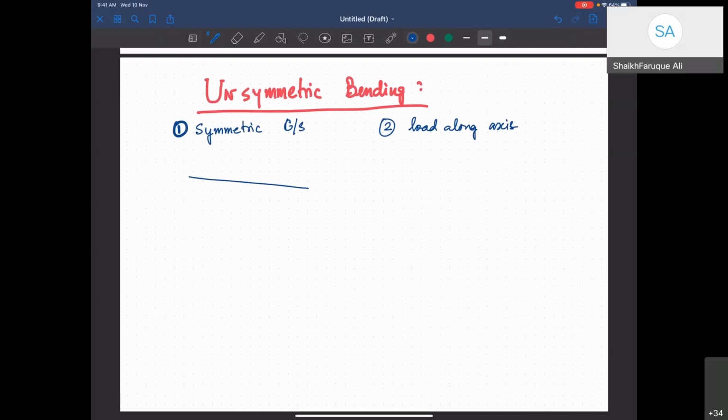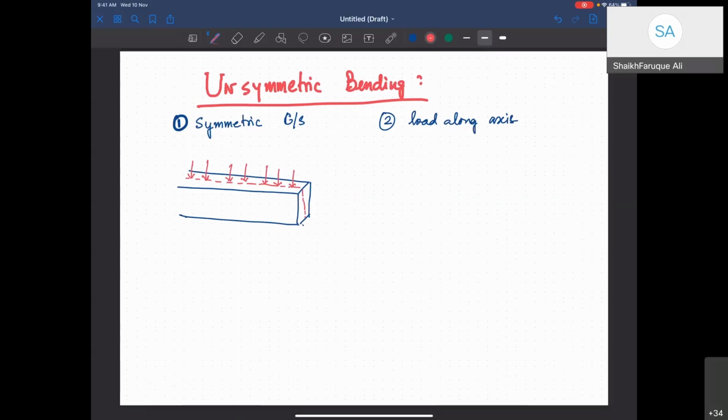If you remember, this is what we have done. We have a beam. This was our section, so it was a symmetric section, and the loading was acting along this line. Right, along this line.